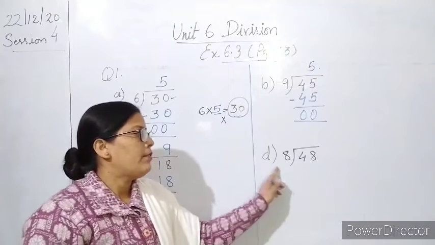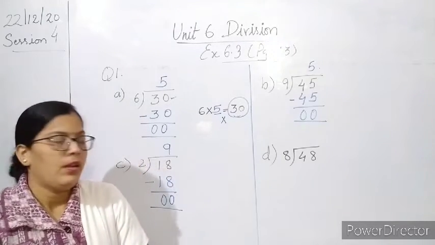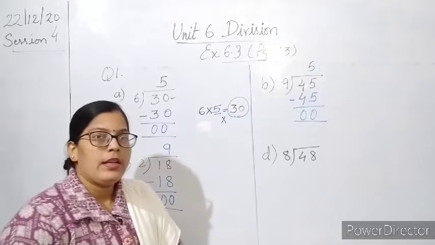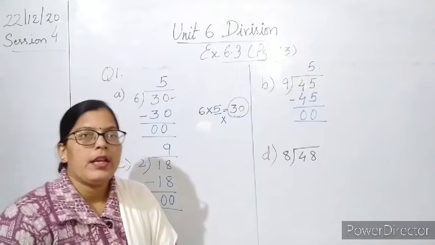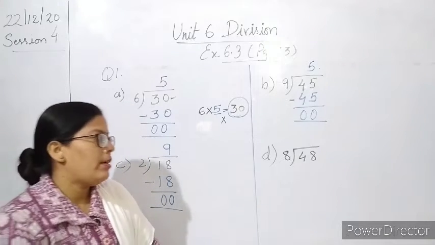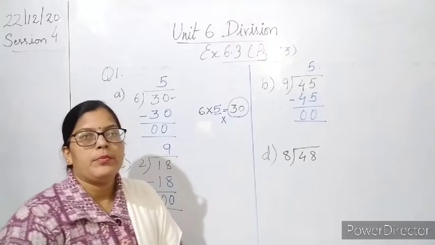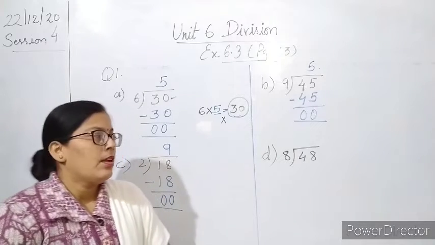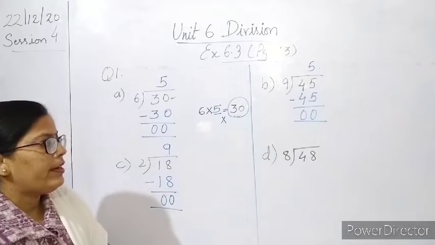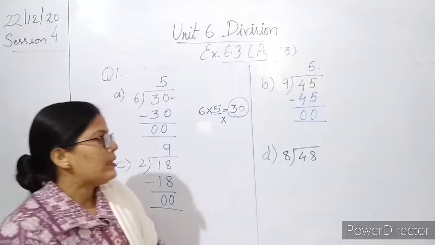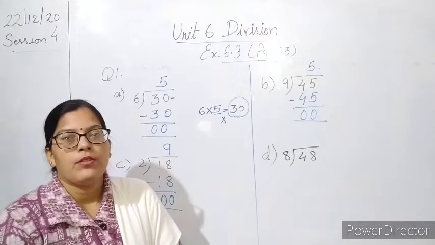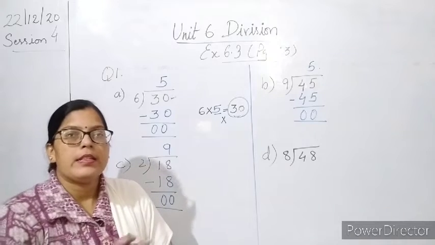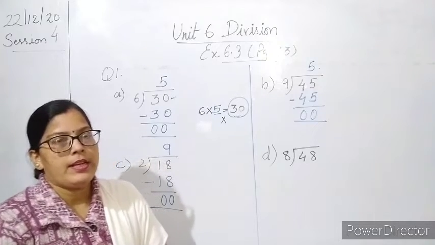Now 48 divided by 8. To divide these numbers, again recall the table of 8 and find out by how many times you get 48 in the table of 8. When you recall the table, you will get 8 sixes are 48.